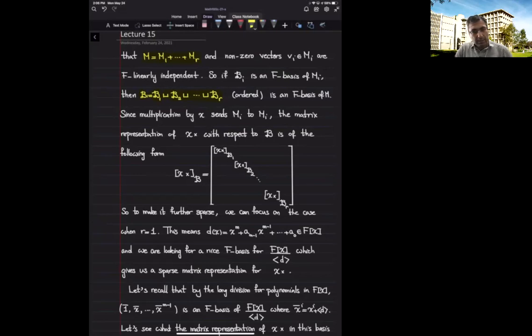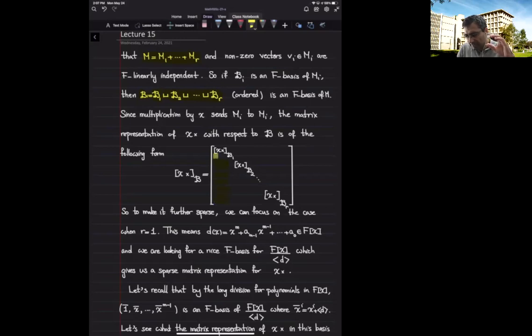Now, if I write down multiplication by x in this basis, let's see what we get. When I multiply by x, these M sub i's go to themselves. They are submodules of M. So when I multiply by x, I send a vector inside M sub i to a vector inside M sub i. If I start with B sub 1 and multiply by x, I will be in the span of vectors inside B sub 1, so there will be no non-zero coefficients in other parts.